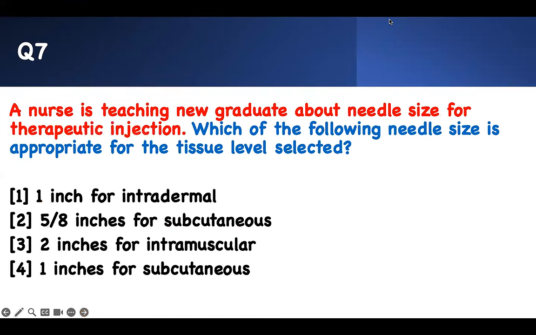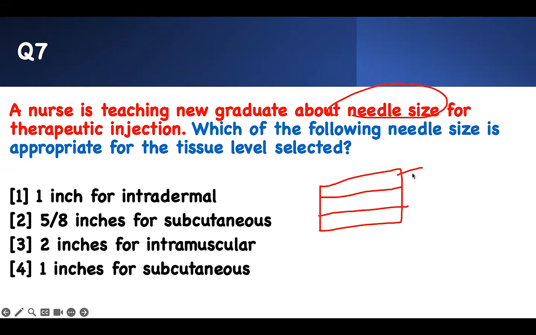Number 7, and this is teaching a new graduate about needle size for therapeutic injection. Which of the following needle sizes is appropriate for the tissue level selected? These are some of the questions people say keep showing up about needles, what size to use. Well, you got to learn it. If you can't remember, draw a tissue and divide it.